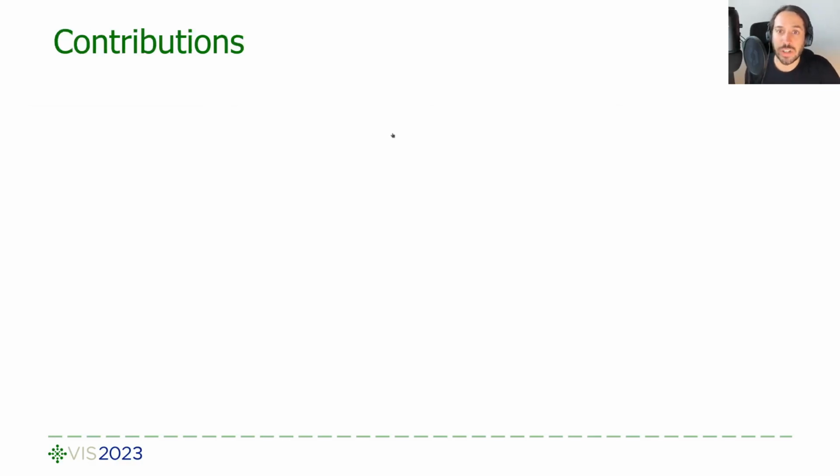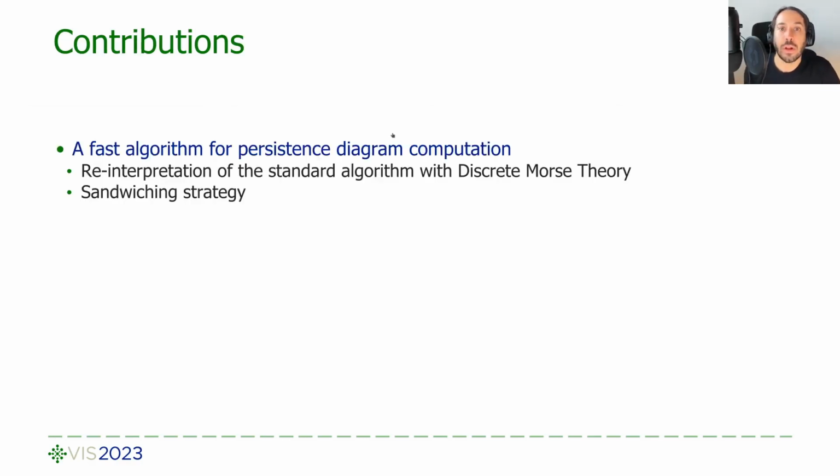This work makes the following contributions. First, we introduce a fast algorithm for persistence diagram computation for scalar fields. It can be seen as a reinterpretation of the standard algorithm with discrete Morse theory. We combine it with a global strategy that we call the sandwiching, which computes the easiest dimensions first in order to eliminate candidate critical simplices before running the slowest part of the algorithm.